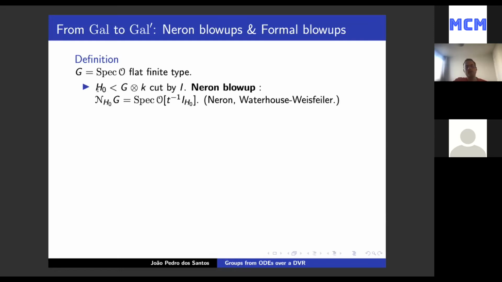Then the Néron blowup is just the group scheme obtained by adjoining T inverse times the ideal. So I divide every element which vanishes on H naught by T. Okay, so this guy here really is just one piece.